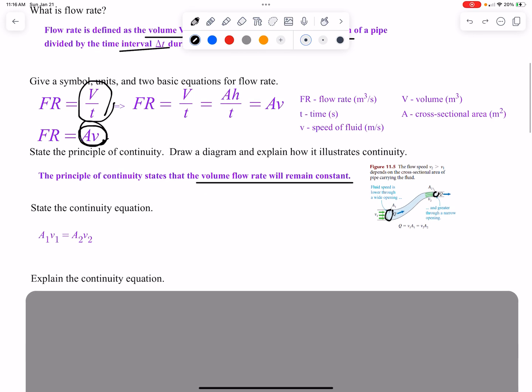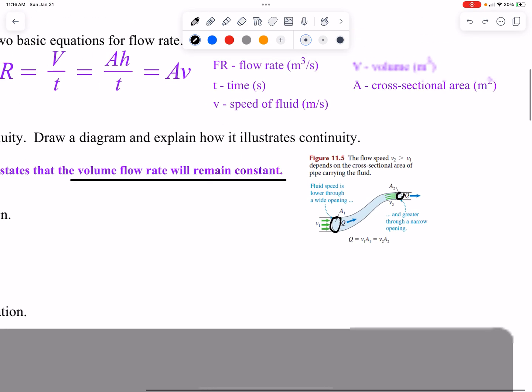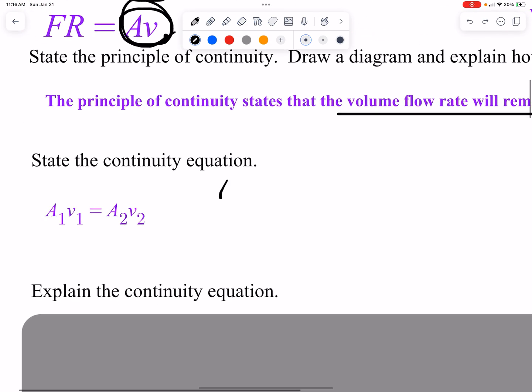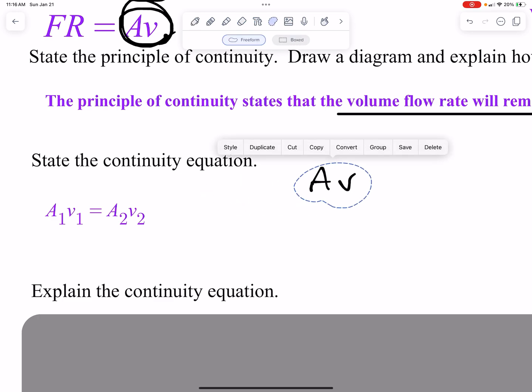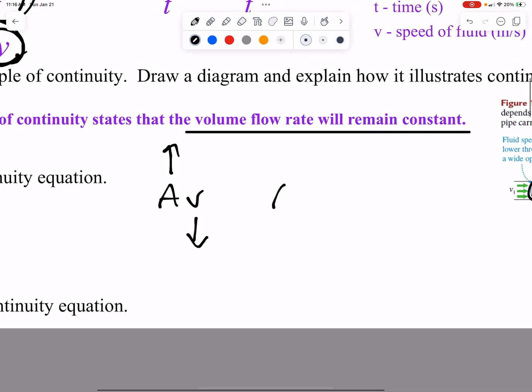Okay, now what this is going to mean is that area and velocity are inversely related. So any regions that have wider areas are going to have slower fluid speeds.